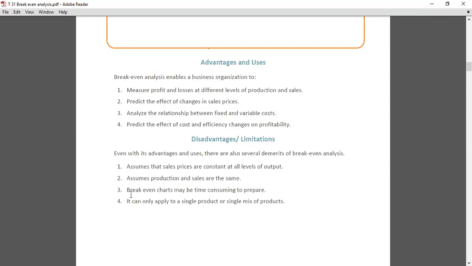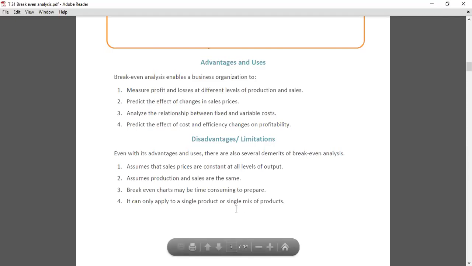And finally, the break-even chart can only apply to a single product or a single mix of products. That's another disadvantage. A lot of business organizations now produce diversified products, not only one type of product. They are selling different types of products. Take the bakery: they're producing breads, buns, pastries, rolls, selling at different prices.